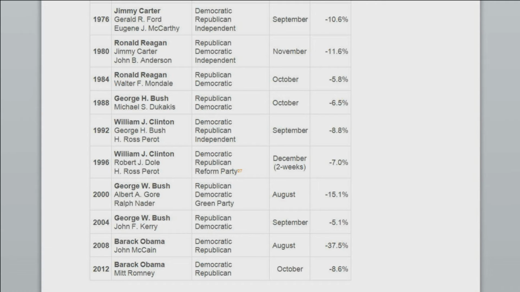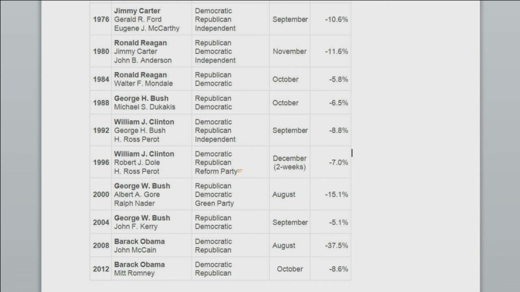When Bill Clinton was elected for the first time, a correction began in September of 8.8%. Clinton election 2 in December showed you only that 2-week drop, but it was 7%. So that was one that didn't really fall around the election time. That's the only one, but it still had a 7% correction in December. George Bush Jr. elected in 2000.